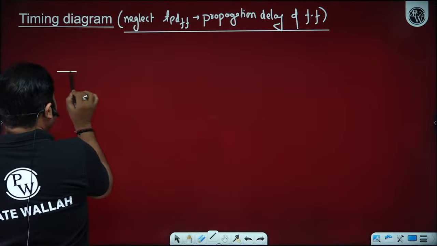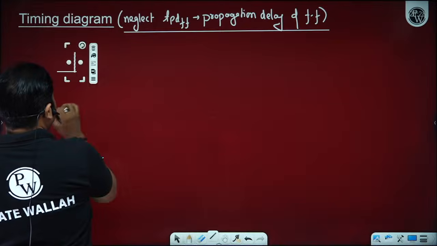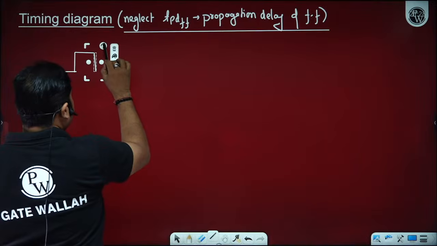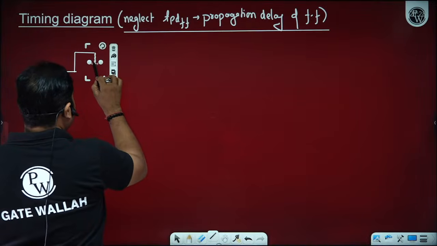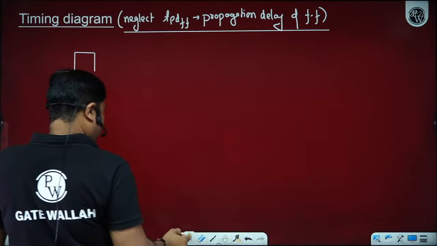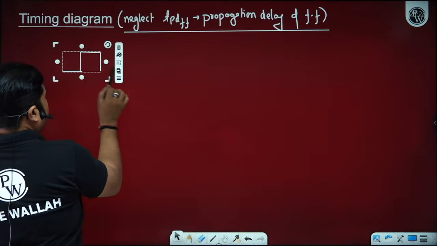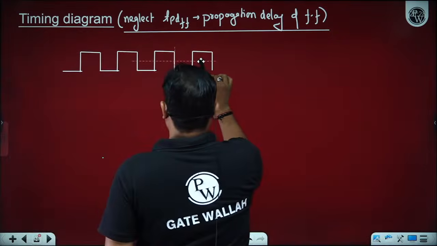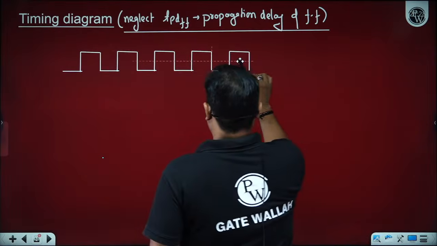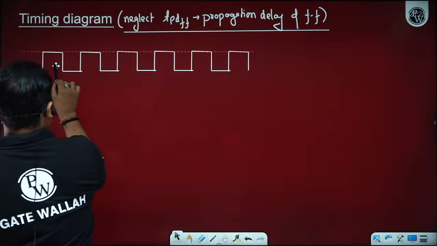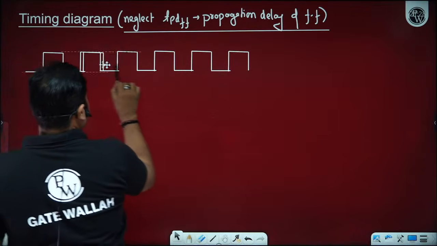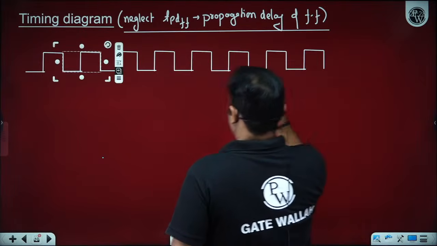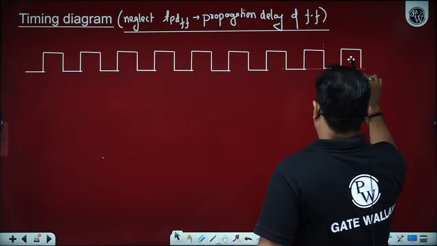So I am representing the clock first like this. 1, 2, 3, 4, 5, 6, 7, 8, 9.